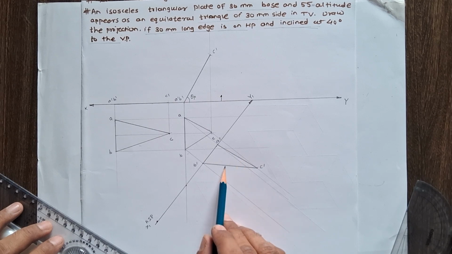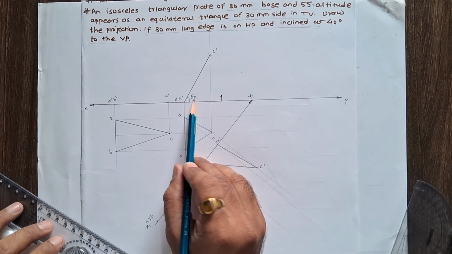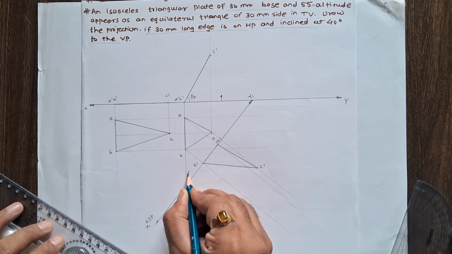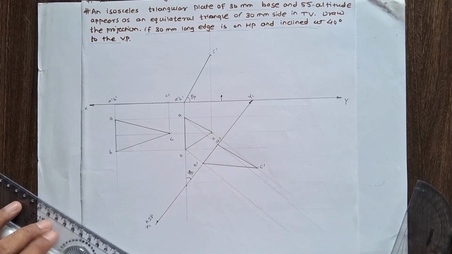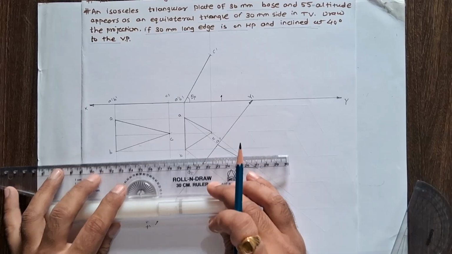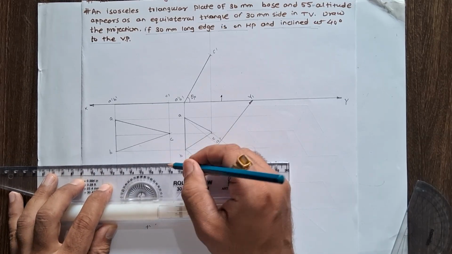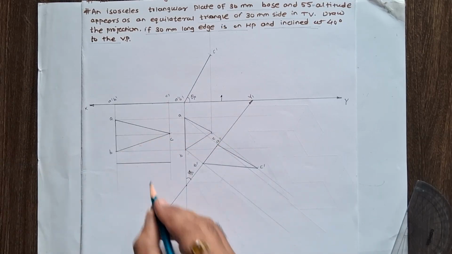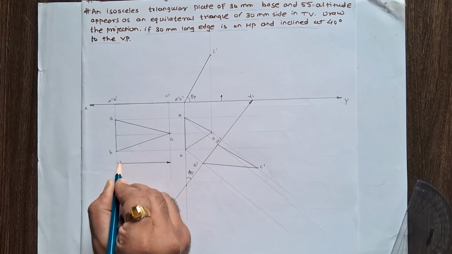This plane is inclined at the theta plane angle as well as the phi plane angle. Now we can give the dimensions. So altitude is 55 mm.